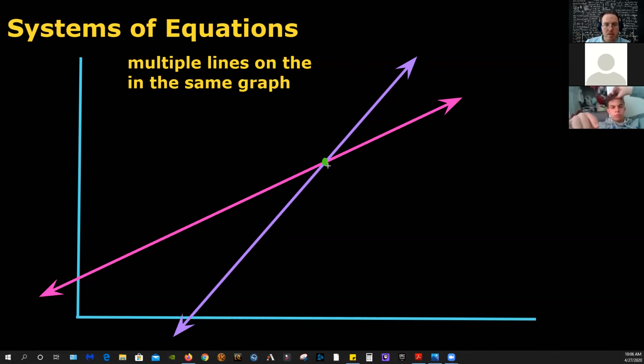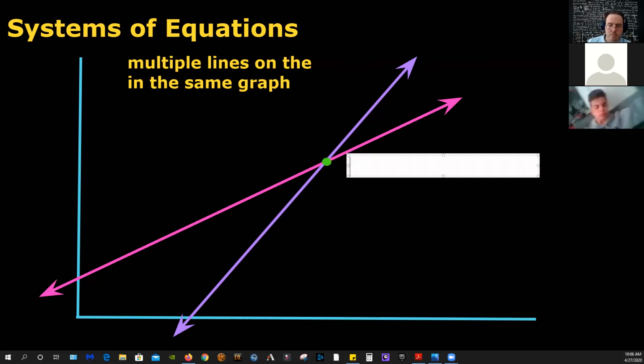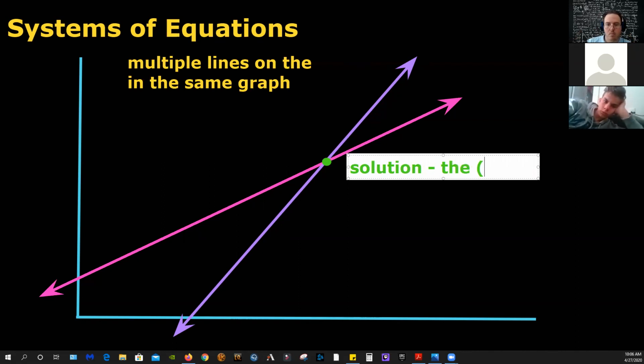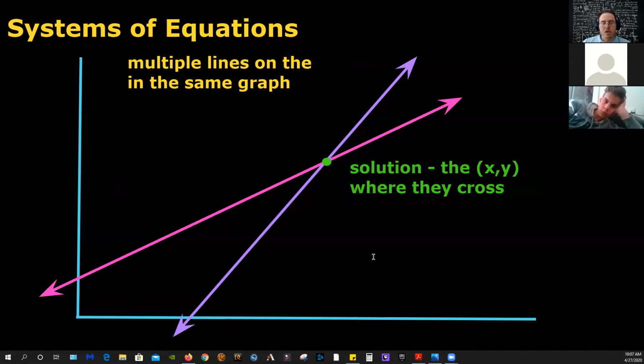So right there, there's our solution. So the solution to a system of equations is where they cross.